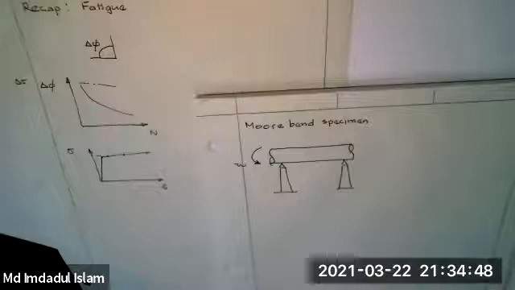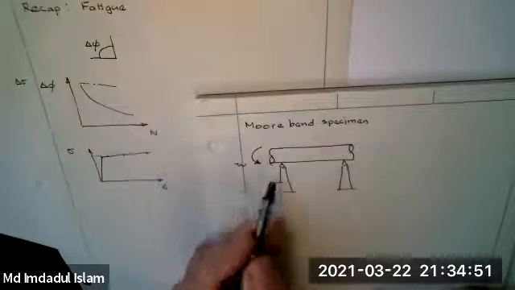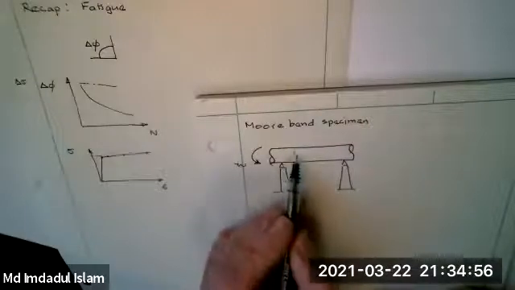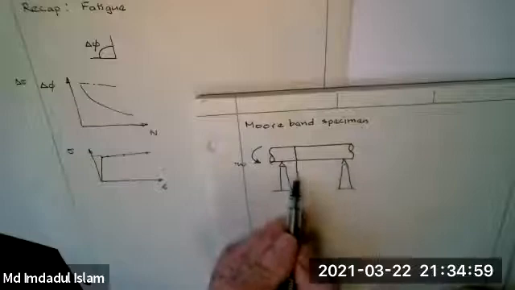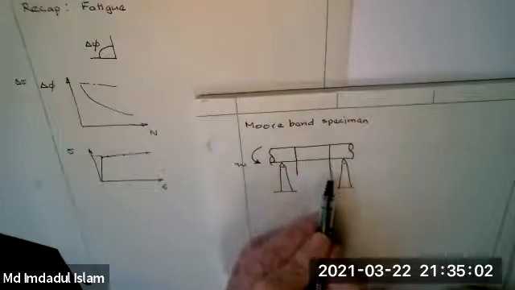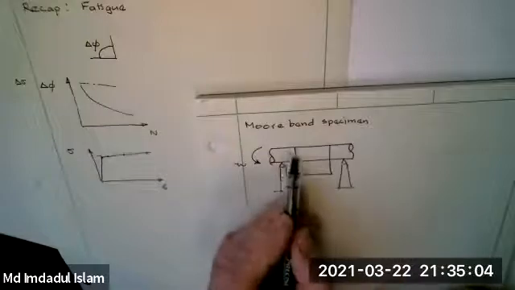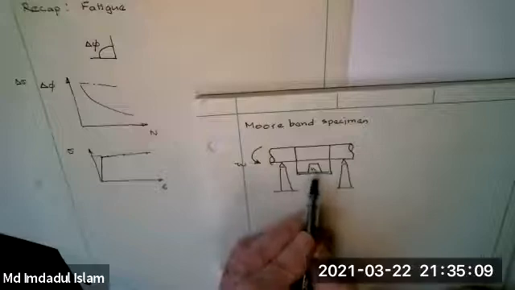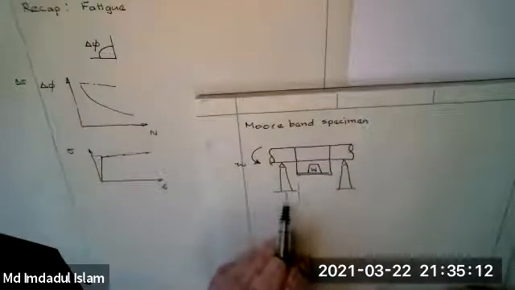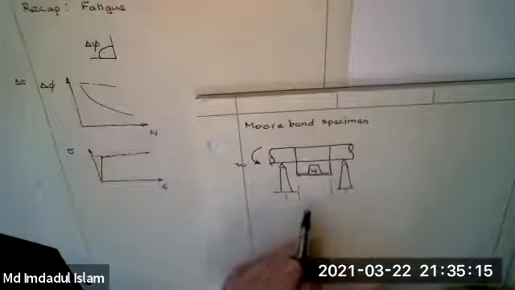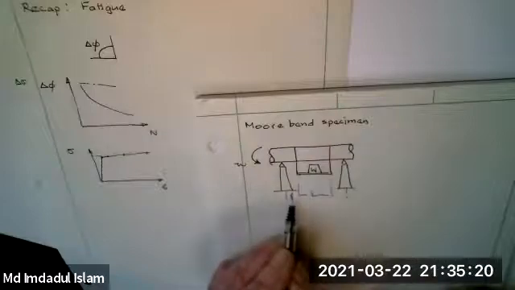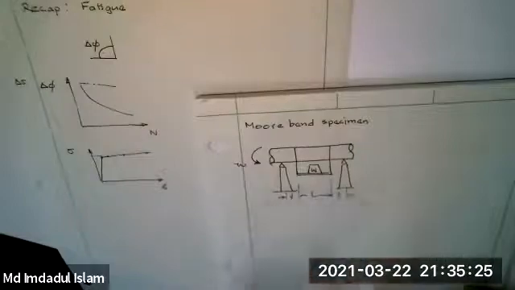Supported on a couple of self-aligning bearings. These self-aligning bearings will let the thing rotate locally, but keep its deflection here 0. Then we put a weight in the central section. It's hanging from cords on a pan. And here's the weight. The whole device is symmetric, so if the length of the pan is L, the length in from the two bearings is lowercase l on both sides.